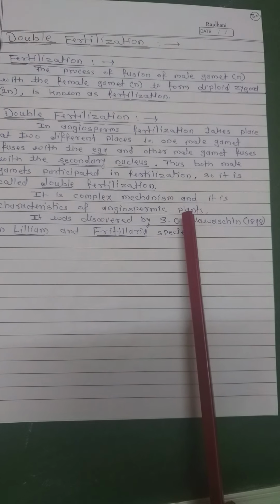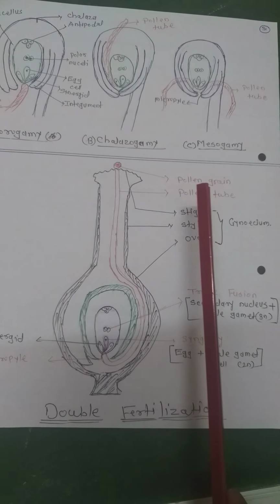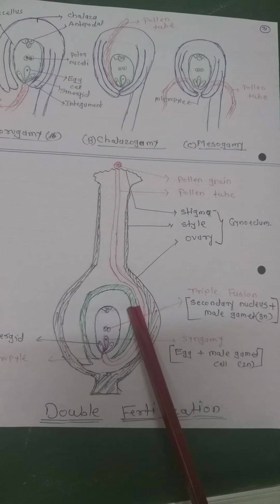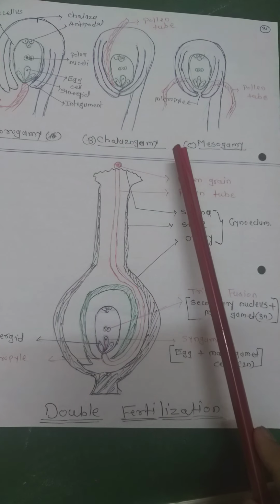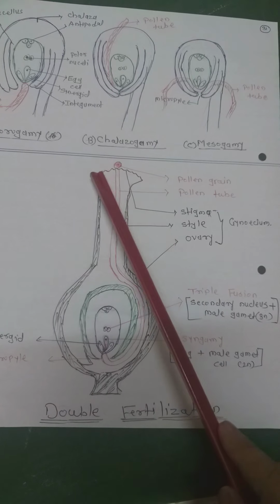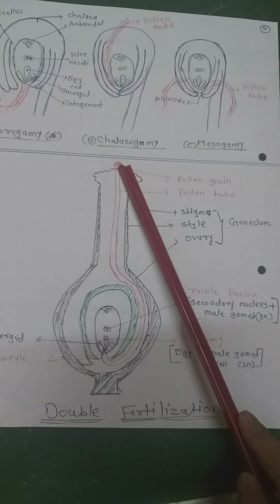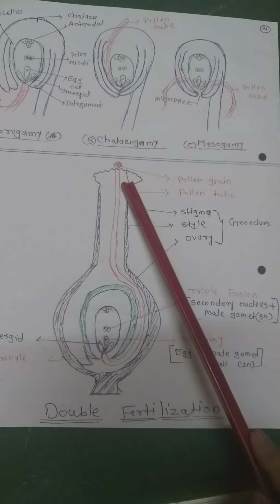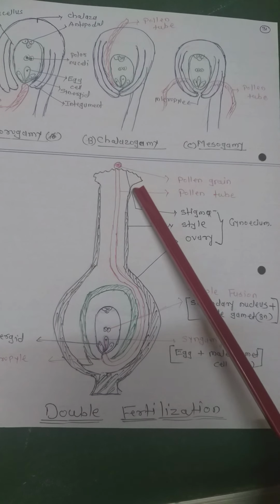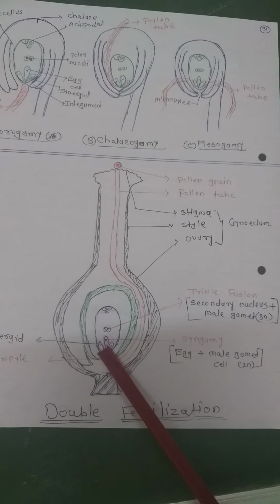Now, how does double fertilization take place? We will see by explaining the figure. This is the double fertilization figure. After pollination, see here, pollen grains are deposited on stigma. This pollen grain germinates to form a pollen tube on the stigma, and the pollen tube grows towards the ovule.